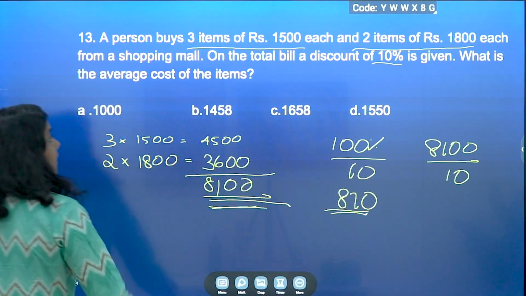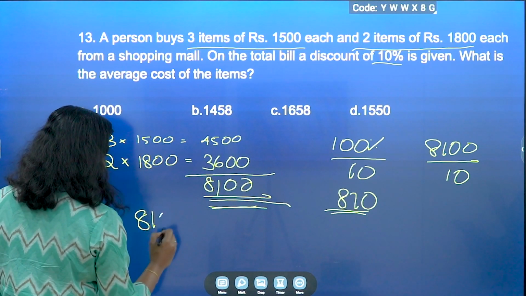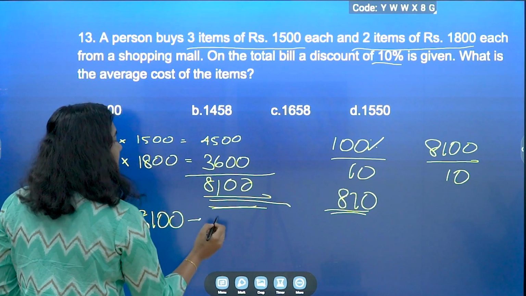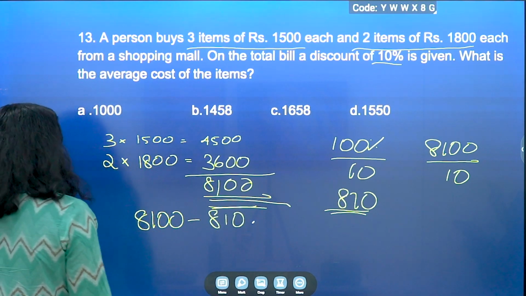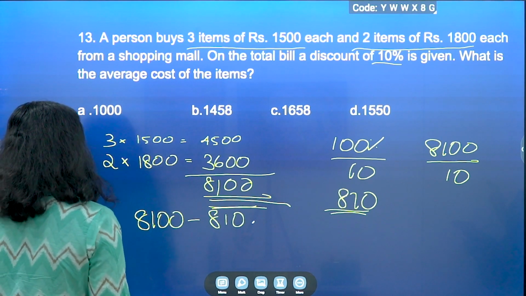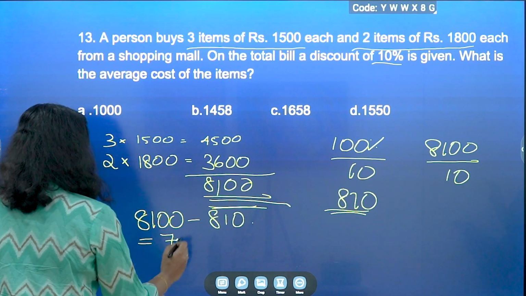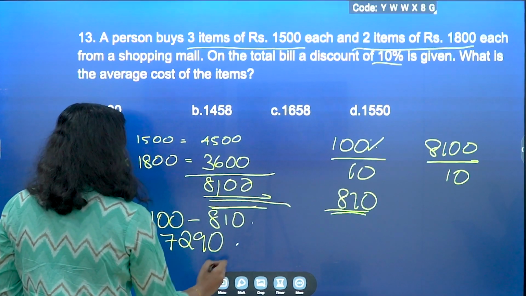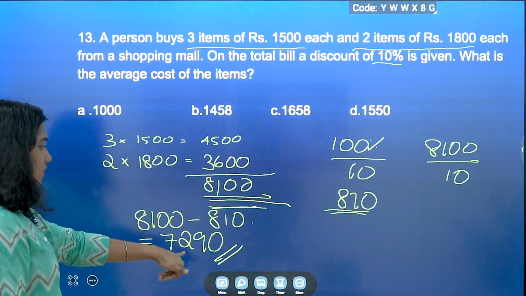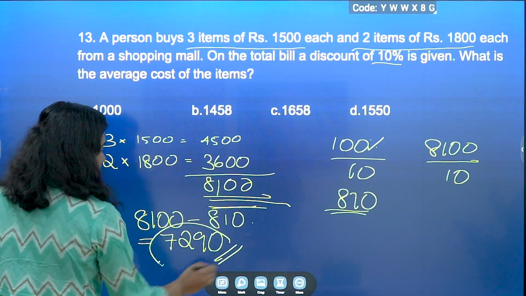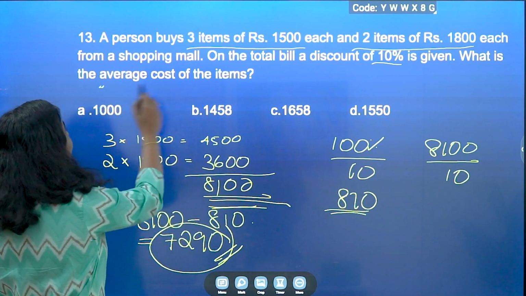So 10% discount means the total, that is 100%, minus the 10%, which is 810, right? So 8100 minus 810 will give you 7290. After the discount of 10%, the bill will be 7290. Now you have to find out the average cost.